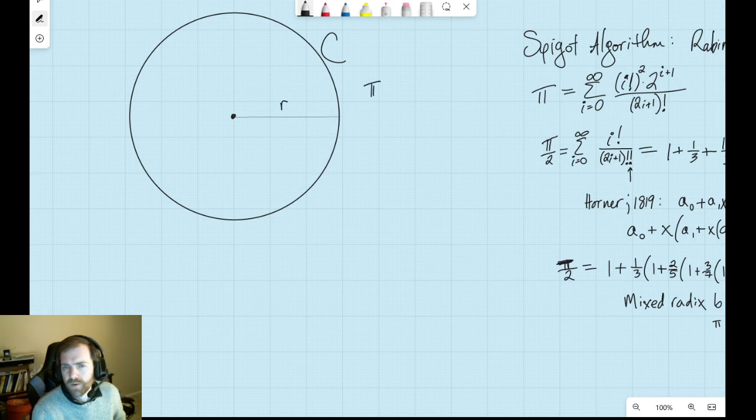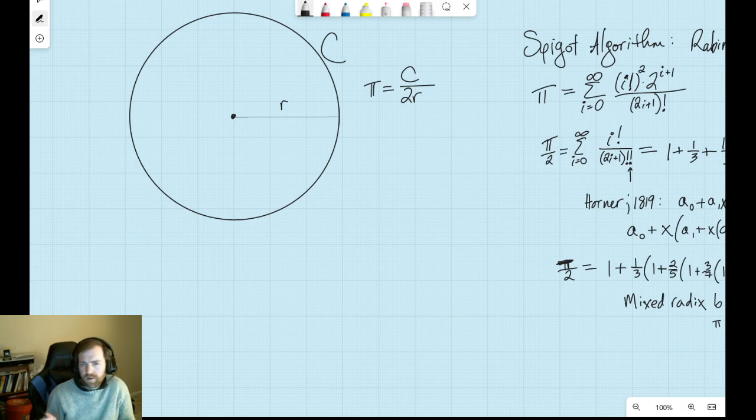So the pi that we all know and love is going to be the circumference divided by twice the radius. Since it's pi times the diameter, here we're using the radius, so we're dividing by the diameter, or dividing by 2r.